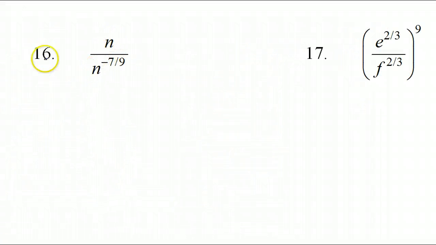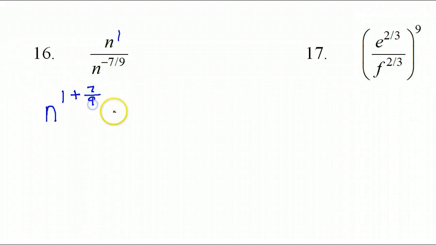Now, for number 16, the bases are the same, so I can subtract the exponents. Remember, this is an invisible exponent of 1. So I'm doing n to the 1, and I'm going to wind up having 1 plus 7 over 9, because I have to do 1 minus negative 7 over 9.